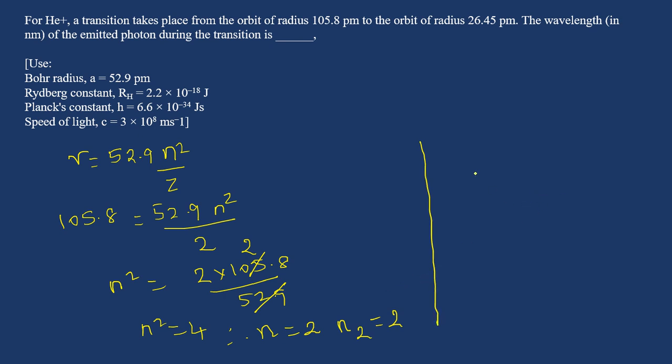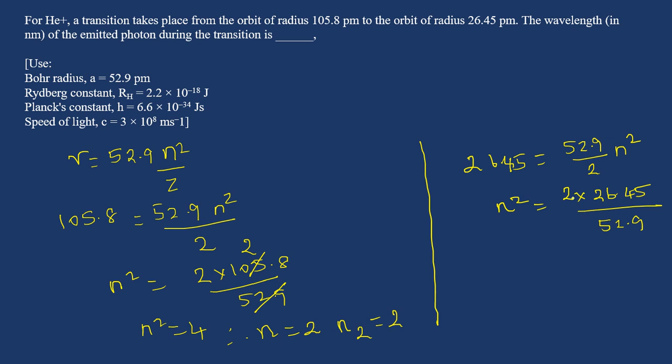Now I am calculating for the first radius. That means 26.45 equal to 52.9 divided by 2 into n square. Similarly, I am taking n square to one side and all the other terms to the other side. n square equal to 2 into 26.45 divided by 52.9.